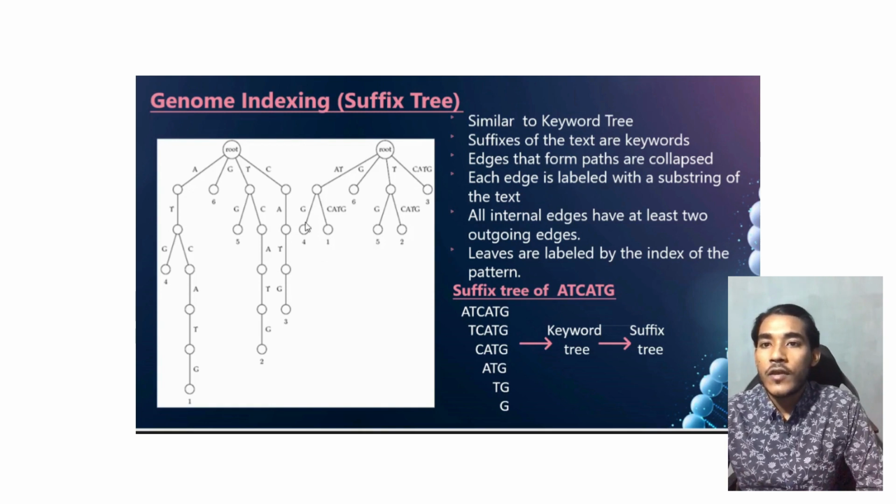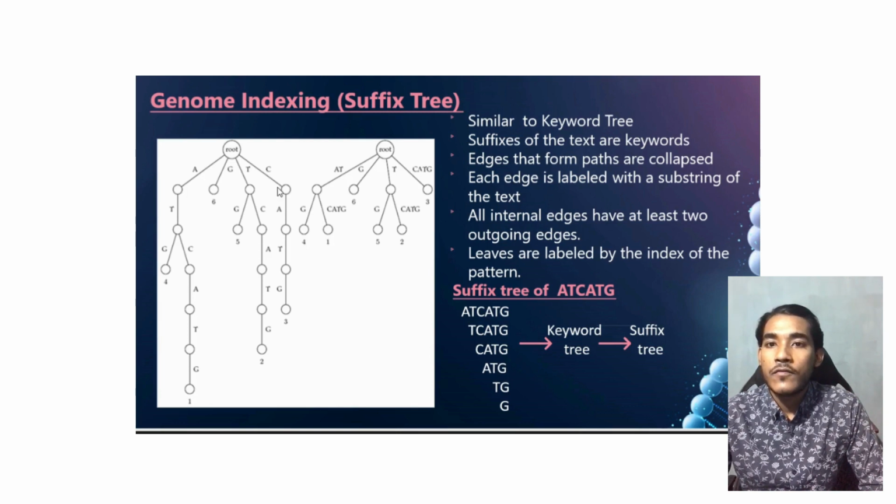In the second part, we have to do this tree in a smaller tree. We have to get these words in a single tree like this, CATG, CATG, and we have to maintain the.